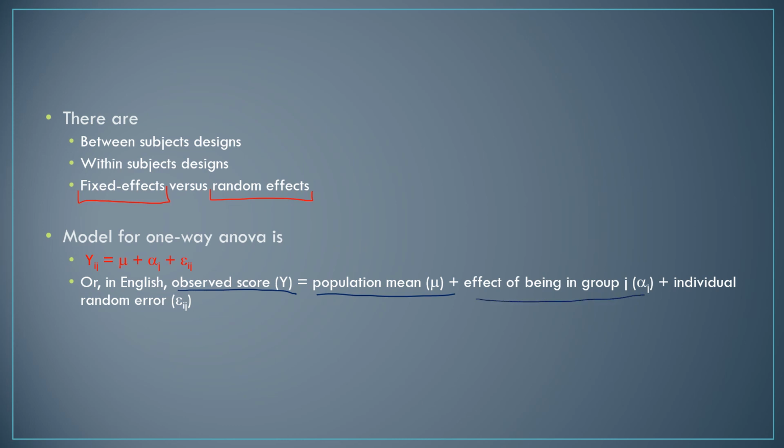So this is like the between mean differences. If there's a different mean or a different effect when you're in a particular group, that's where this value goes. And then you also are looking at the individual random error. So it's the individual's value, their actual score, versus the expected score. And this is where you get this error term.